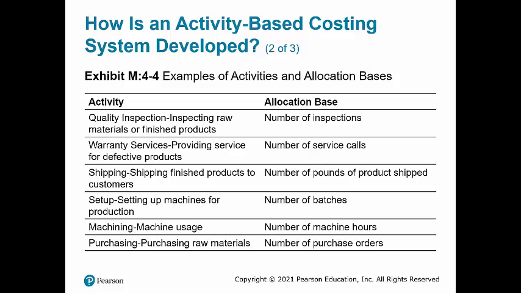An allocation base is usually going to be something unique to that activity. In quality inspections, our allocation base might be the number of inspections. In warranty services, it might be the number of service calls. We just want to identify as our allocation base the primary cost driver for the overhead costs for that activity.